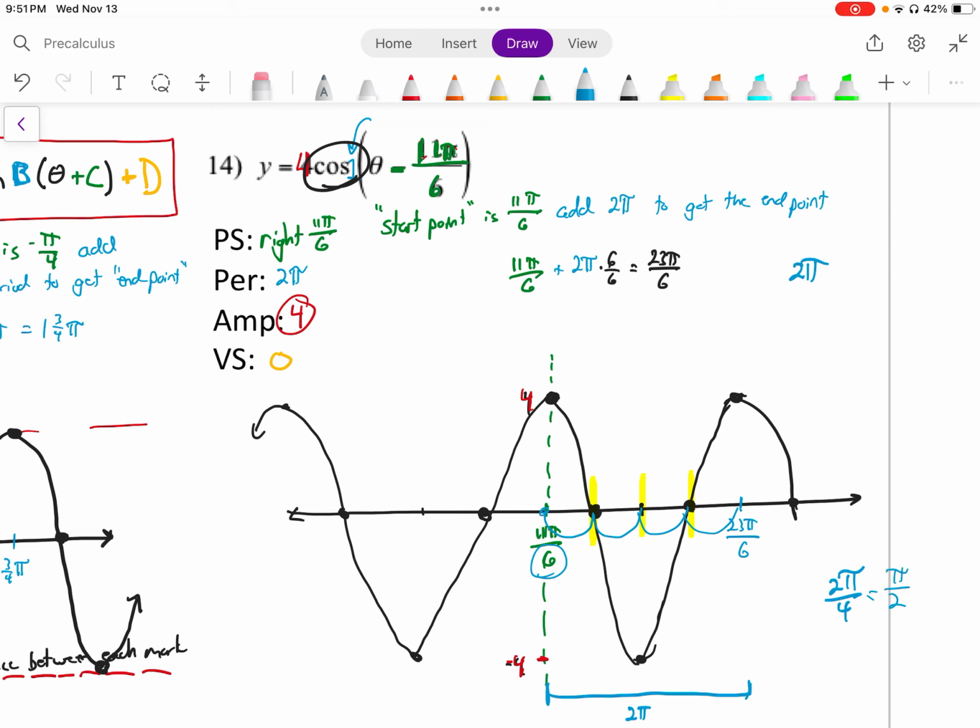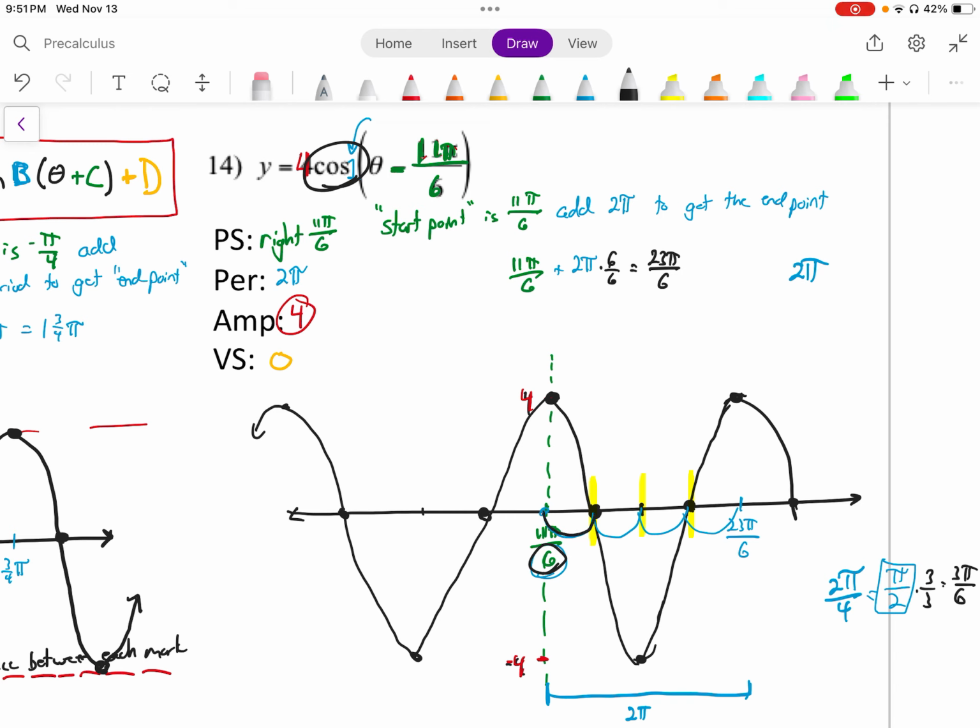I don't even want to deal with pi over 2. I need a common denominator, so I want to get a denominator of 6, so I can multiply by 3 over 3. So each one of these spaces, we're going to add 3 pi over 6.